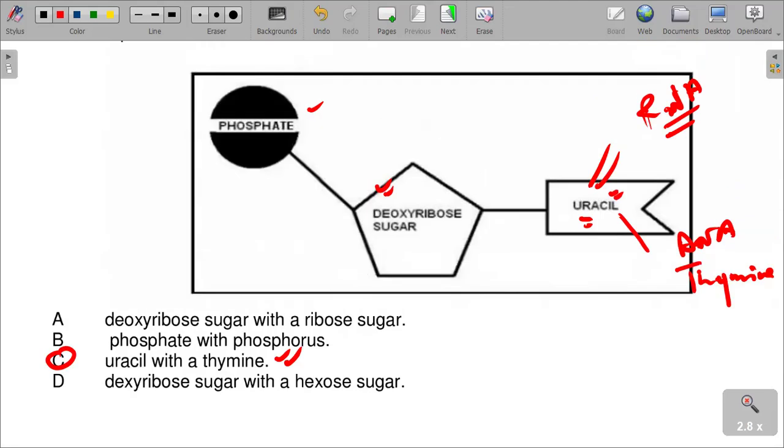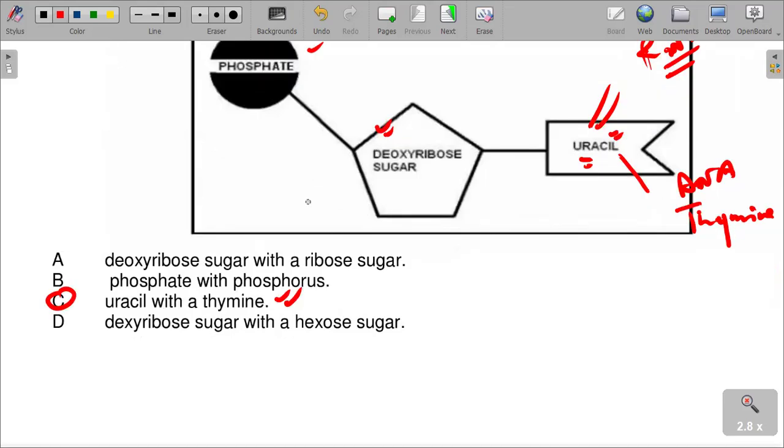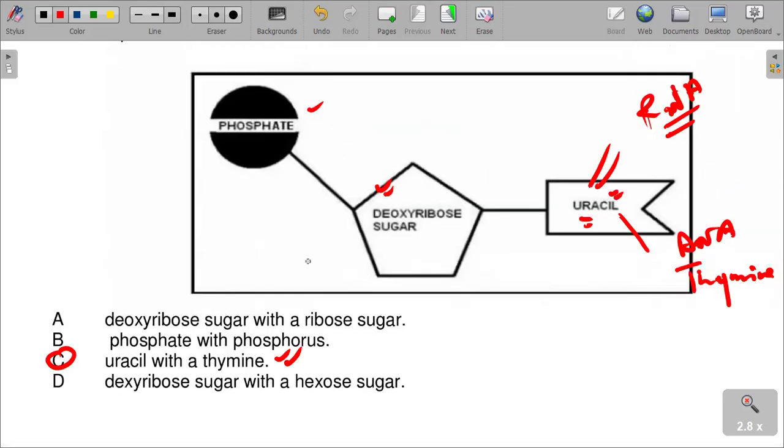Sometimes you'll be given this question and you need to be able to identify what this is. This is a nucleotide, a building block of DNA or RNA, in terms of their structural representation. Please don't make mistakes.